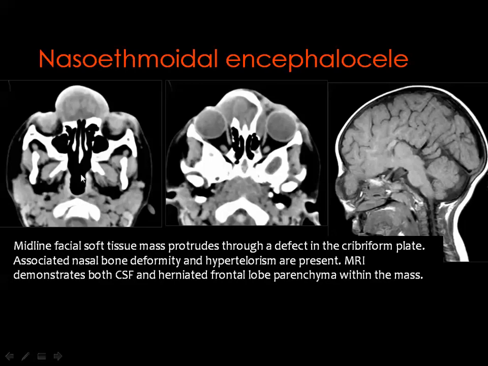And these are axial CT images and a coronal T1 weighted MR image showing the defect in the anterior part of the cribriform plate of the ethmoids, the meningeal sac containing brain tissue, and you can also appreciate the presence of brain tissue in this encephalocele.